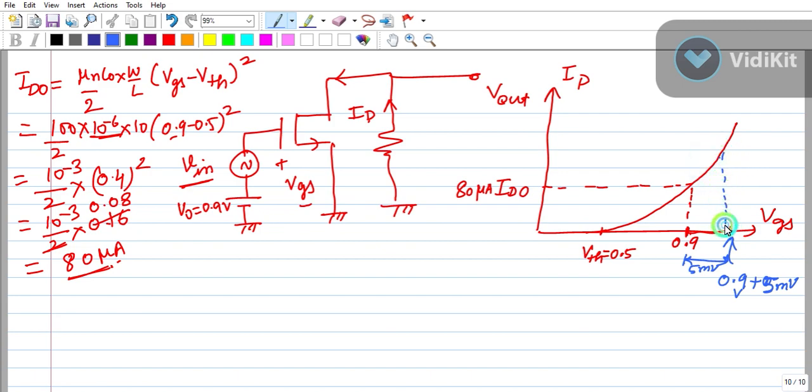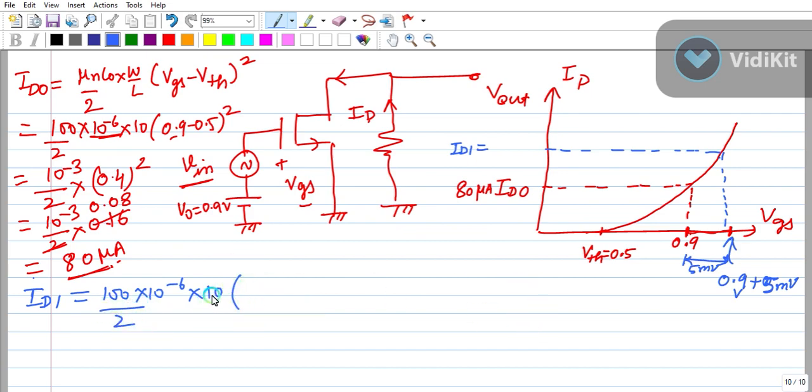So at this point, the current will become ID1. Let's calculate its value. ID1, same in saturation, same μnCox means 100 micro, and W by L divided by 2. VGS is what?